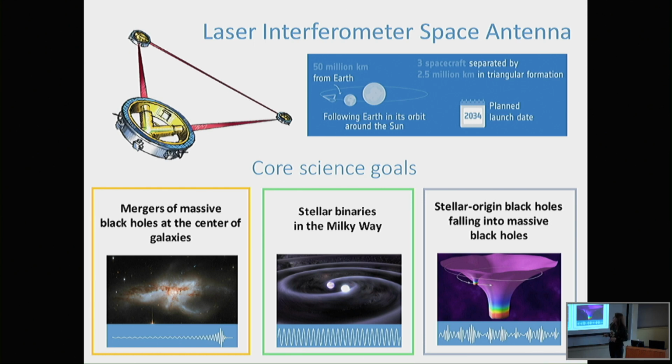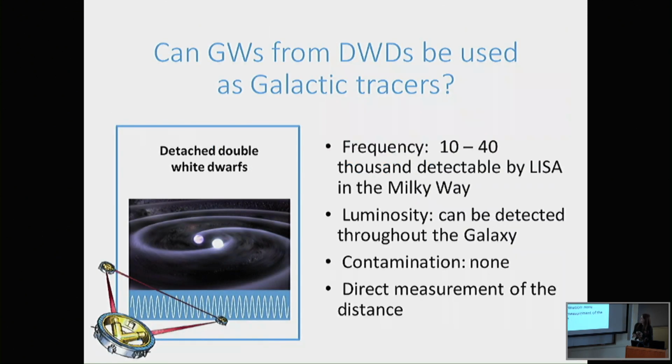The other major goal for LISA is observing a big number of stellar binaries in our own galaxy. The most numerous of those are binaries composed of two white dwarfs. I will call them double white dwarfs and indicate them with DWD. And I believe that they can be used as galactic tracers because they will be very numerous in gravitational waves.